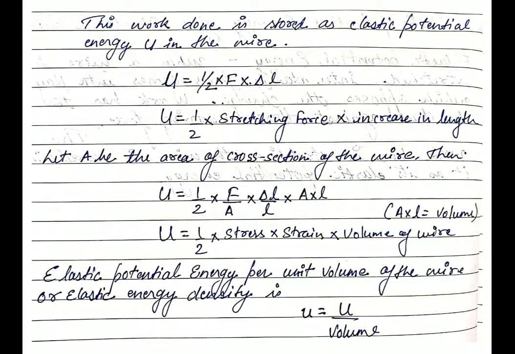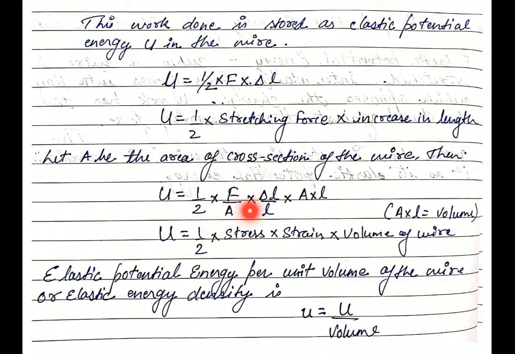Let A be the area of cross section of the wire, then U is equal to half into F upon A into delta L upon L into A into L. To get the desired expression, we multiply the numerator and denominator by AL.